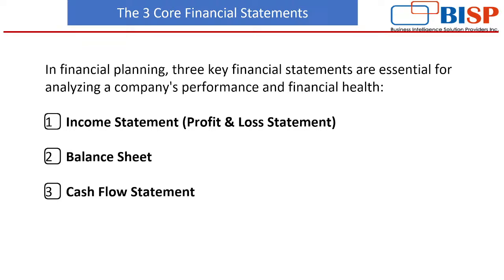Now the third is the cash flow statement, which will track actual cash movements, showing how cash is generated and spent. Key components here would be operating activities, that is cash from day-to-day business operations like customer payments, salaries, rent.